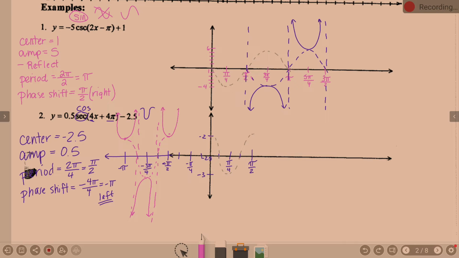Try and make them appropriate width. If I look and see where my next asymptote would be, it'd be right there. Did I kind of stay within that? I did. This guy might have gotten a little wide. I think I would have made it. Okay. Questions on a secant graph?